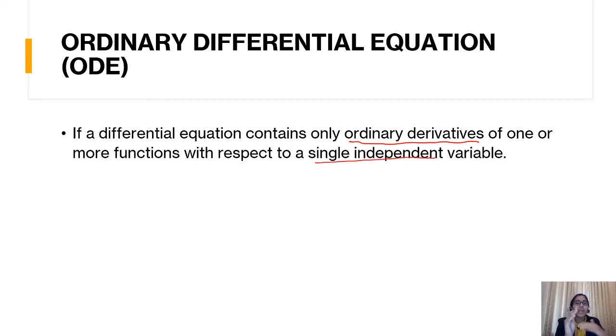When we are talking about a single independent variable, there will be only ordinary derivatives, like dy by dx or d cube y by dx cube, higher order ones. The partial dou won't come into the picture, because we are just considering functions depending on a single independent variable. That is called the ordinary differential equation.